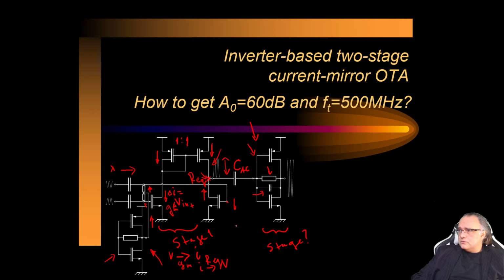Then we have here an interesting thing, a Miller compensation, which is used in order to stabilize the amplifier. Why do we need stabilization? The reason is that we have two dominant poles, this one and this one, for these two nodes, and they will rotate the phase by almost 180 degrees.